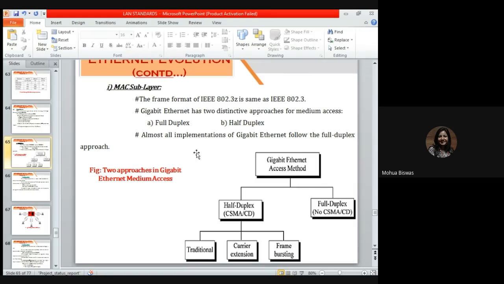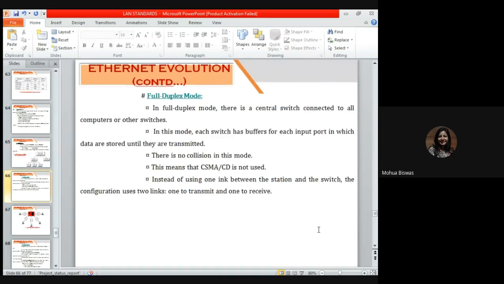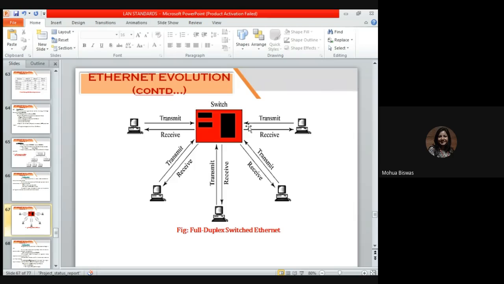Now in the full duplex, this is not happening because for sending and receiving, they can use two different channels for transmitting and receiving. Fine. And because of that, collision is not happening, and it's not required to use any type of method for access.